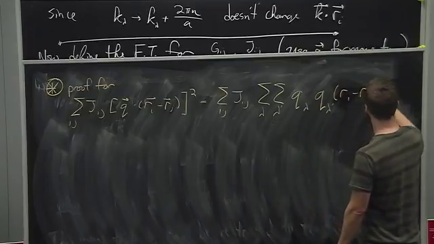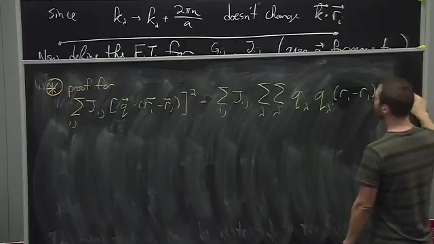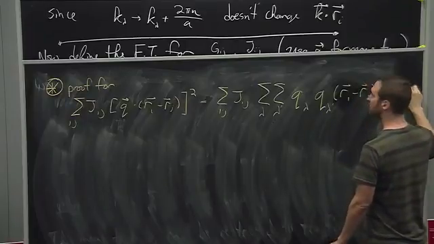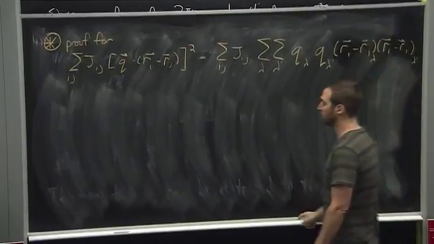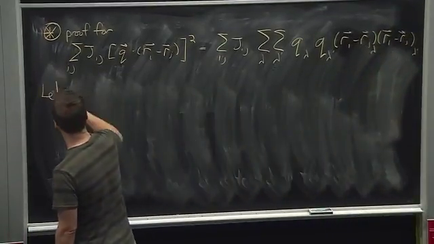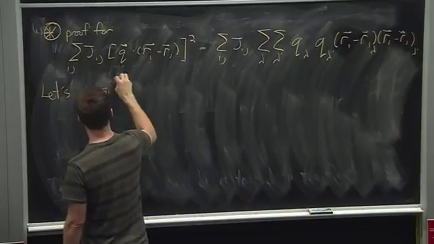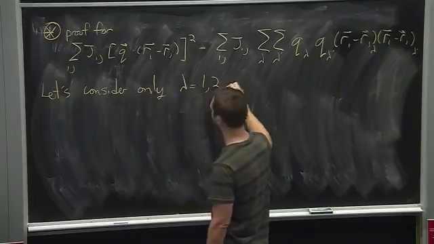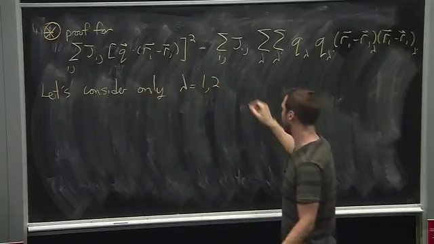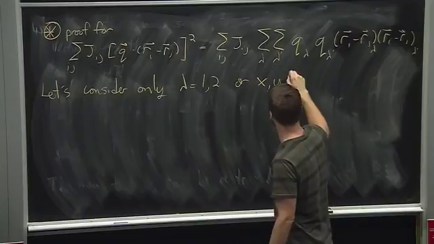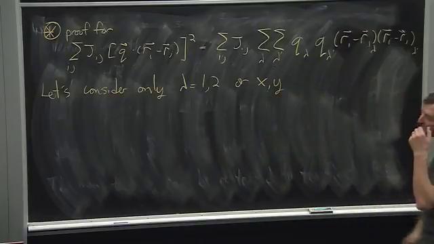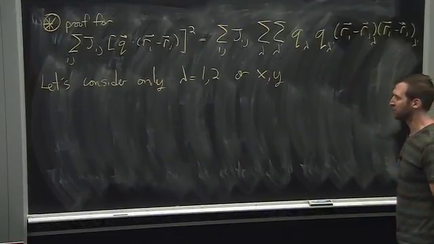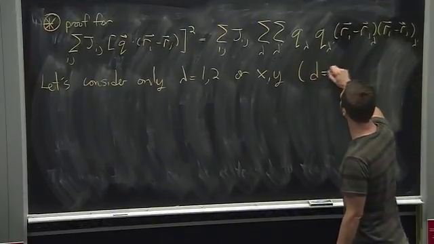Let's take maybe x and y. Let's write that out just in the two-dimensional plane, so we're restricting ourselves to d equals 2.